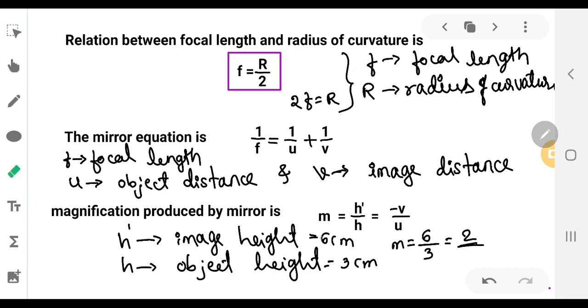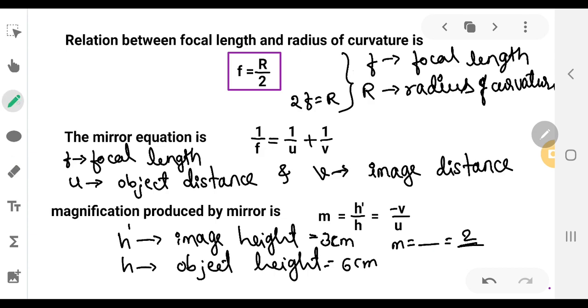Instead of that, if you place an object, a scale or a pencil of 6 centimeter, and when you look at the mirror, you can see a shortened image of length 3 centimeter. Then what about the magnification value?